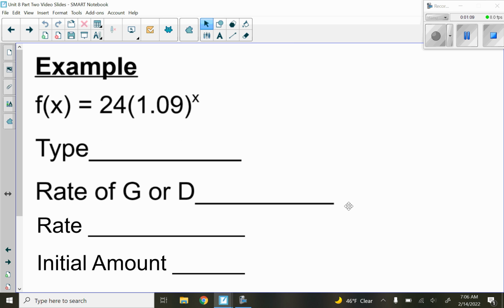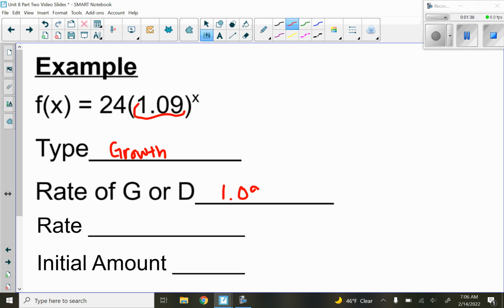So here is our first example. Our type of function we find by looking here. This is that b, and since it's greater than 1, this is a growth. Our rate of growth or decay is also that number.